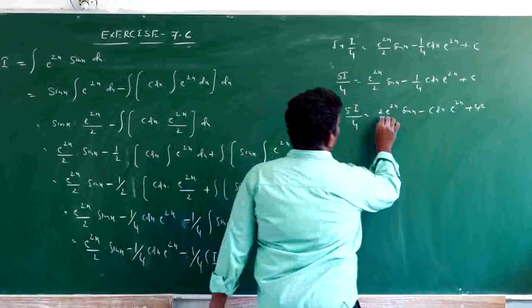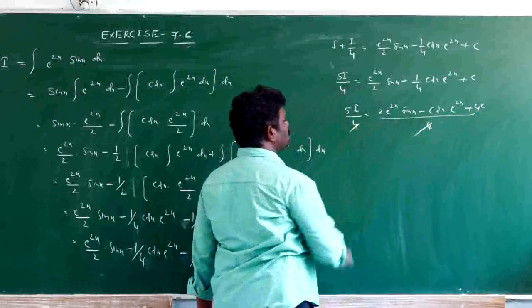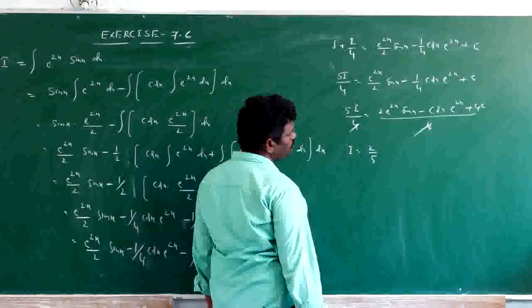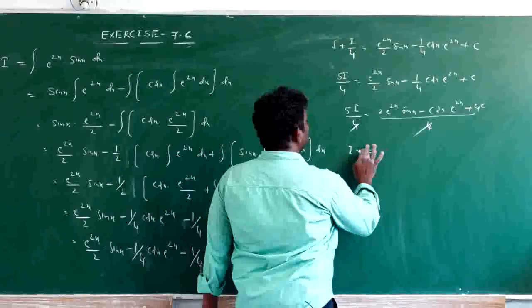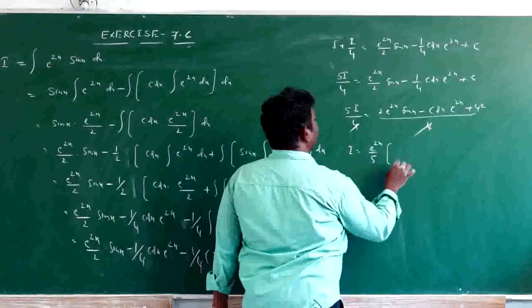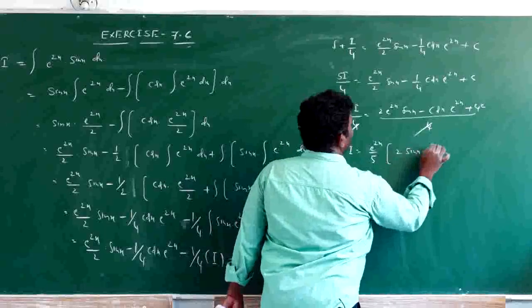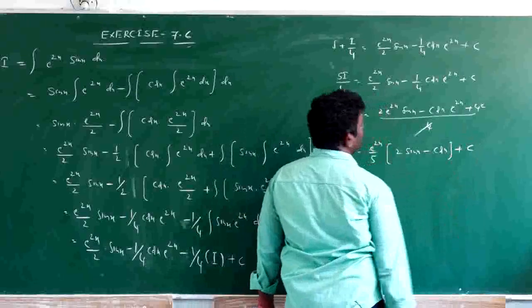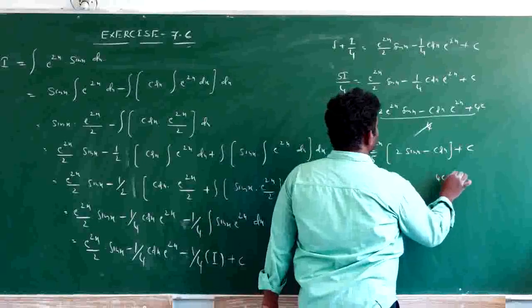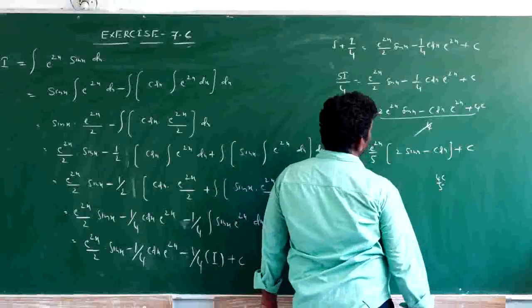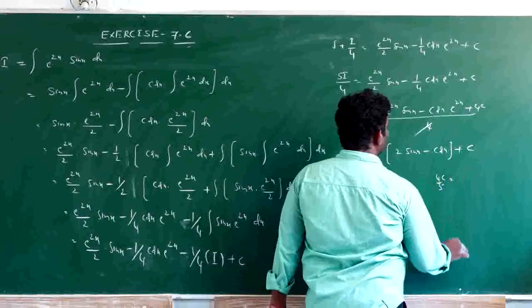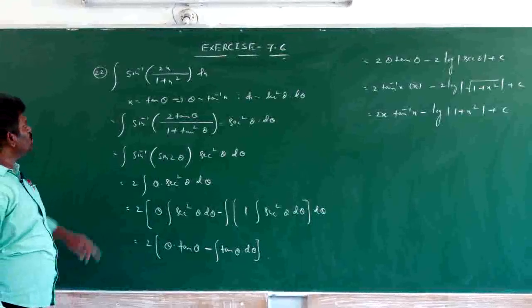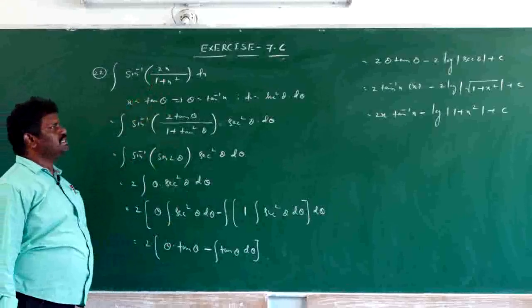The 4s cancel, so finally I is equal to e^(2x) by 5 into 2 sin x minus cos x, plus c. Here 4c by 5 is equal to the c value.